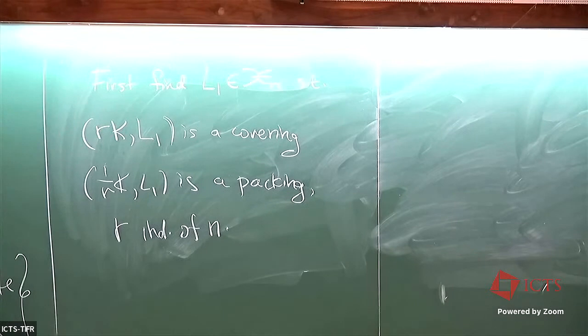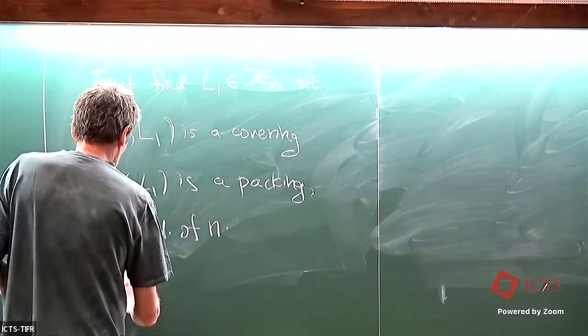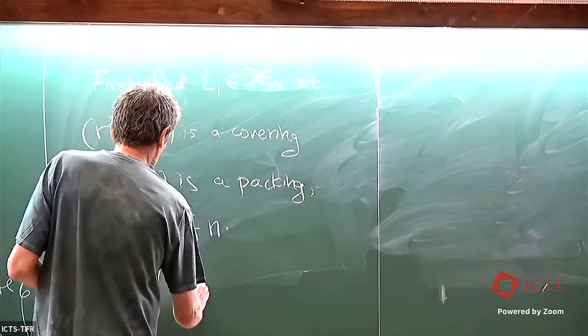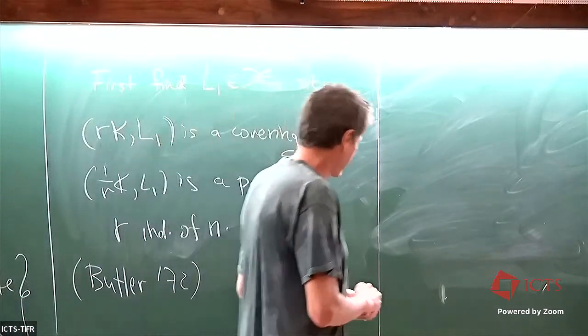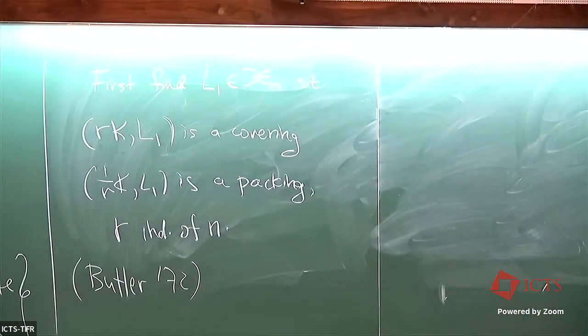This is a classical bit of analysis from the 70s. I'll just write down Butler 72. There's work of Butler, who was a student of Rogers, making this possible. And now I'm going to cover L prime. I haven't defined L prime yet. Now I'm going to find L prime.